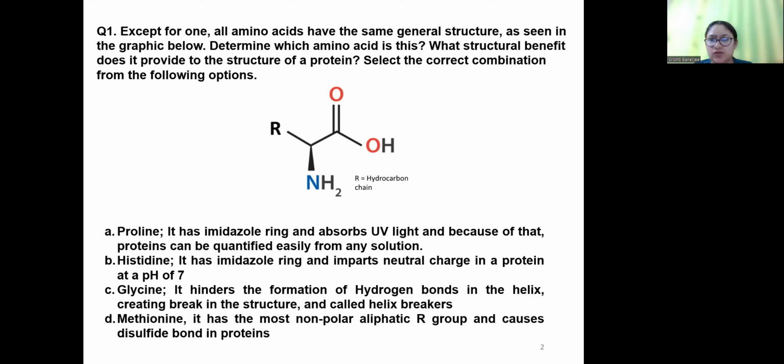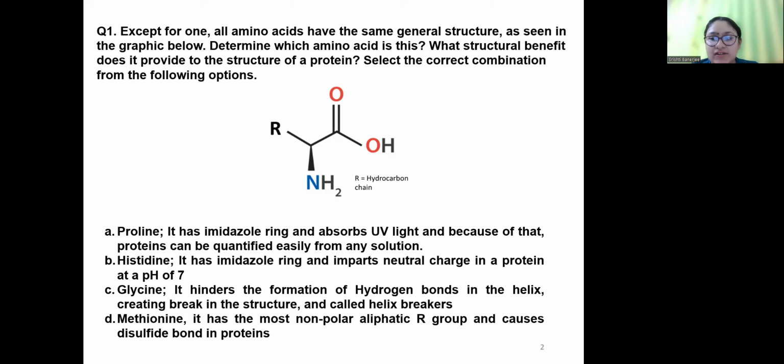Any standard book will show you. You have to keep in mind what those are: proline, histidine, phenylalanine, tryptophan, tyrosine. So 1, 2, 3, 4, 5. Five amino acids will have a ring-like structure attached to them.